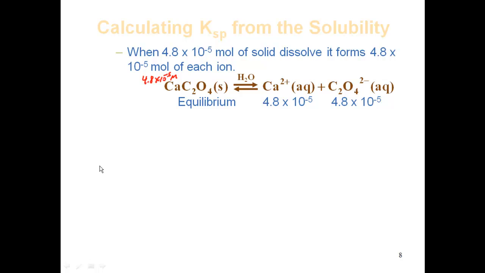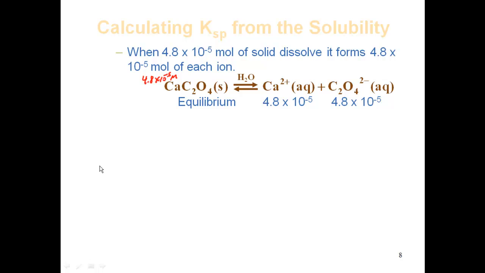It's the same thing we did with the soluble salts, except soluble salts have a larger threshold of how much can be in solution. For insoluble salts, only a small amount can be, in this case a maximum of 4.8 times 10 to the negative 5th molarity. So they have smaller numbers, but we break it up the same way, and it also tells us the amount of ions in solution for our two species of cations and anions.